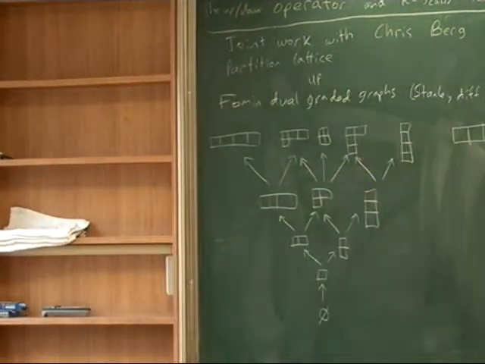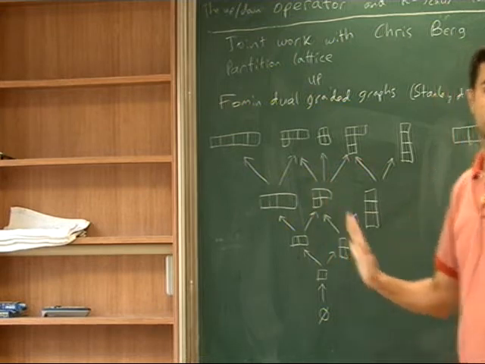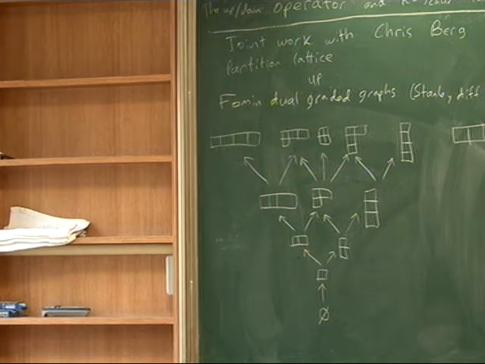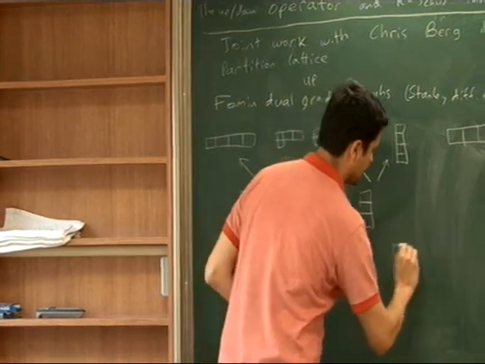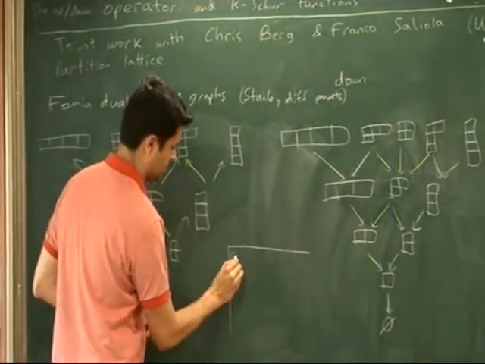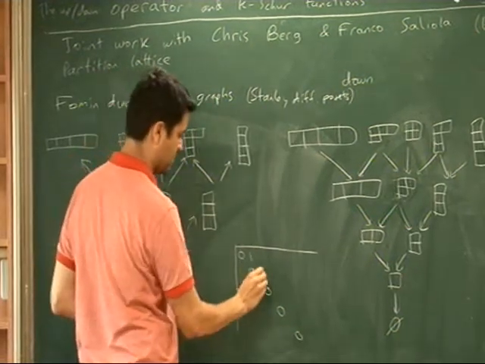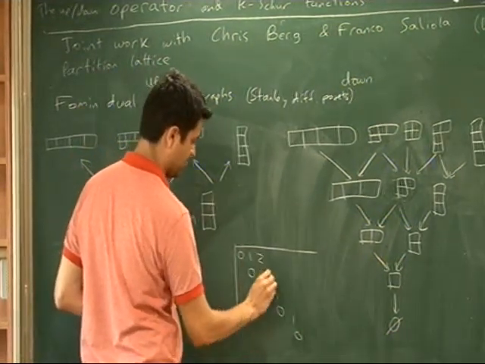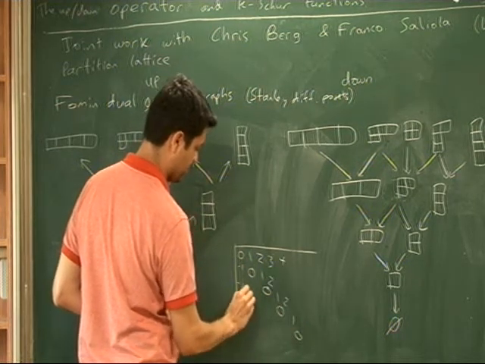So let's see. What we're going to do is attach some labels to these edges. And so the label is going to be the diagonal where I'm adding a new box. So I'm going to call these diagonals like this. This is my 0 diagonal. This is 1. This is 2. 3, 4, and so on, minus 1, minus 2.